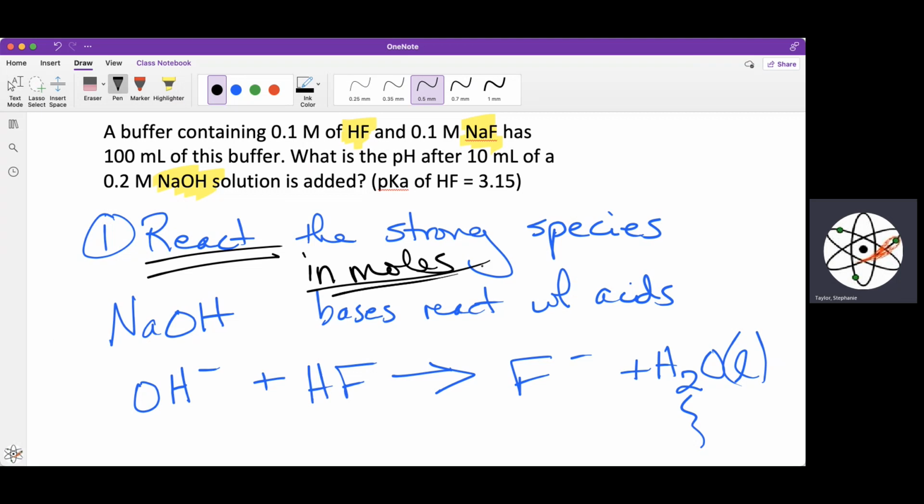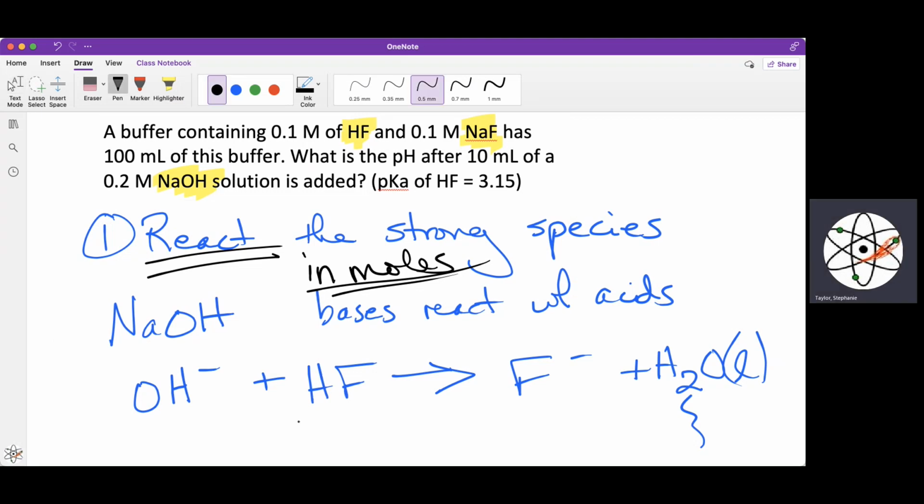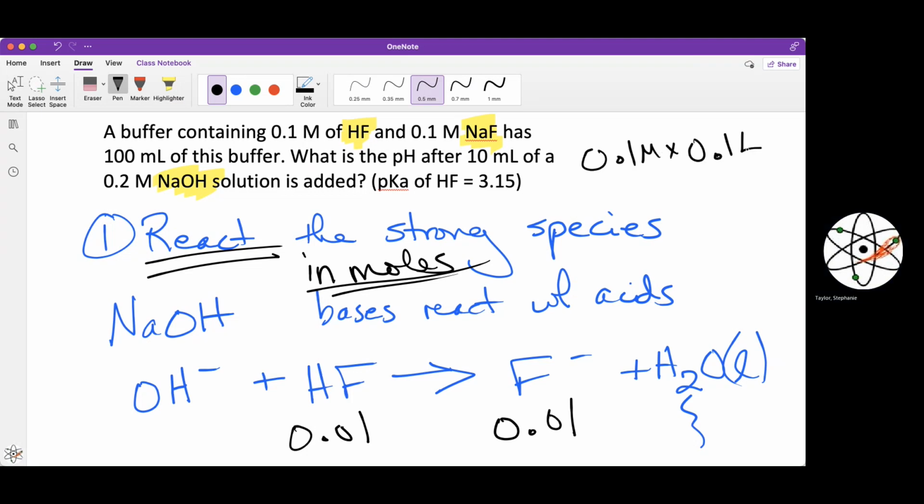Reactions happen in moles. So I said I had 0.1 molar and 100 milliliters. That gives me 0.01 moles of HF and the same of my F minus, because I have the same amount. All I did there was take my molarity and multiply it by my volume for those.